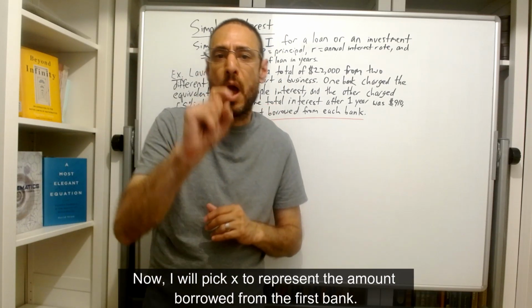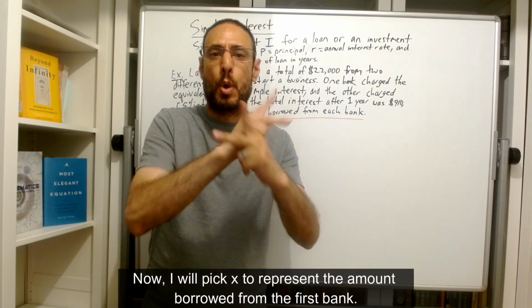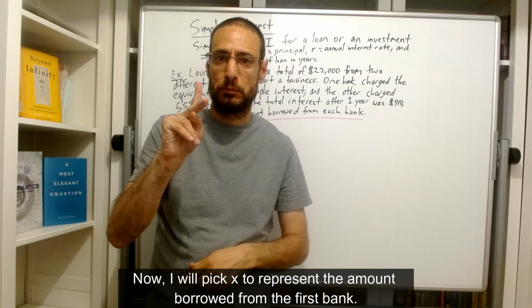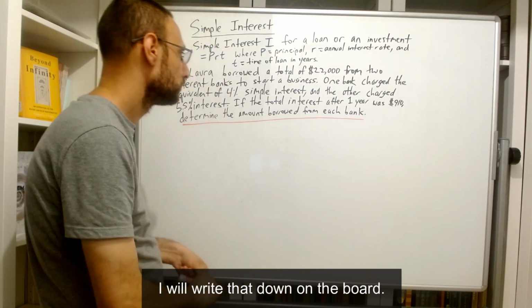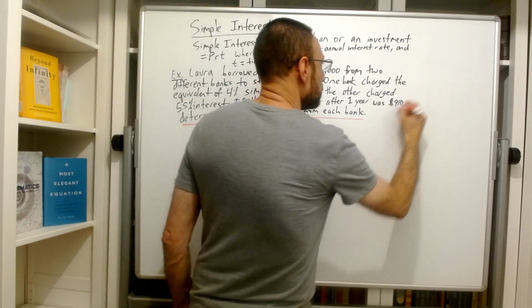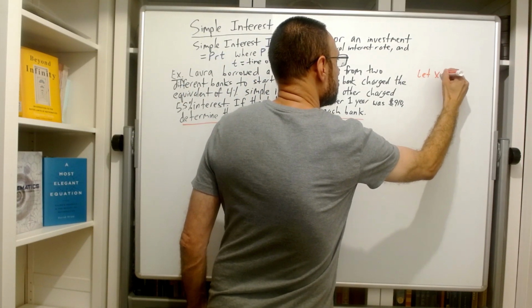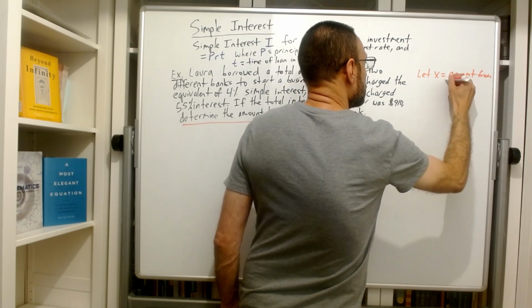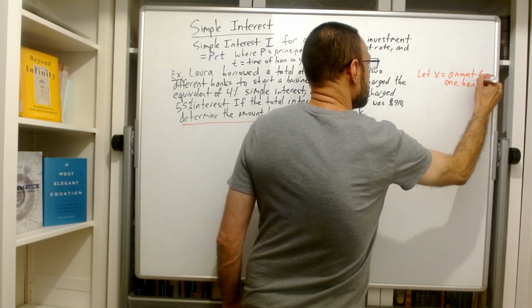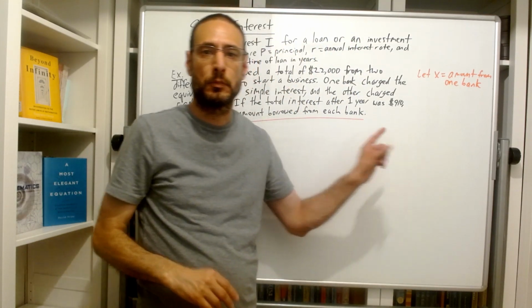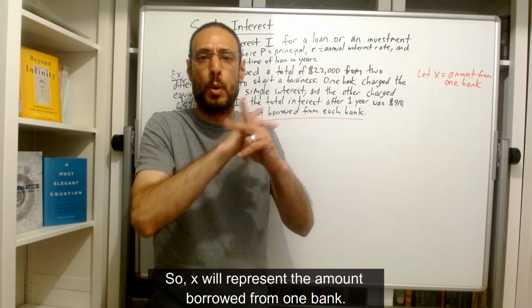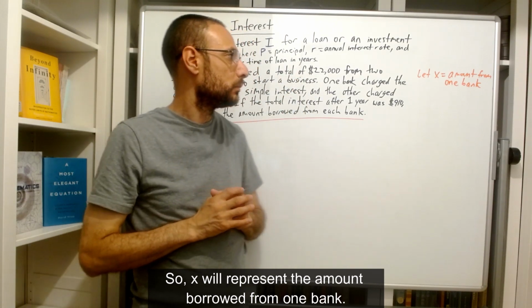Now, I will pick X to represent the amount borrowed from the first bank. I will write that down on the board. So, X will represent the amount borrowed from one bank.